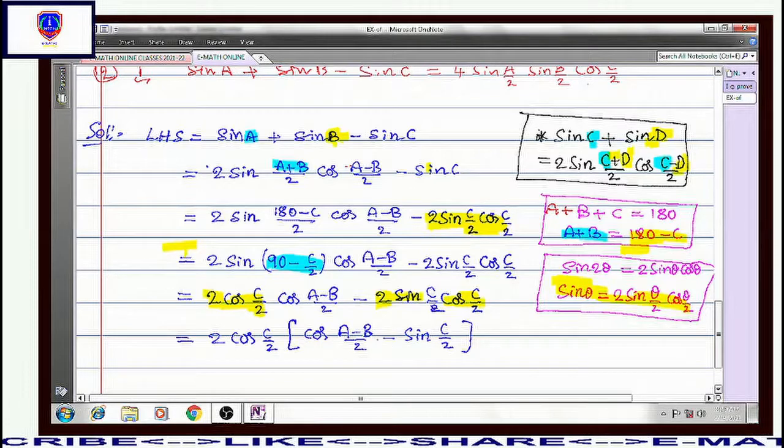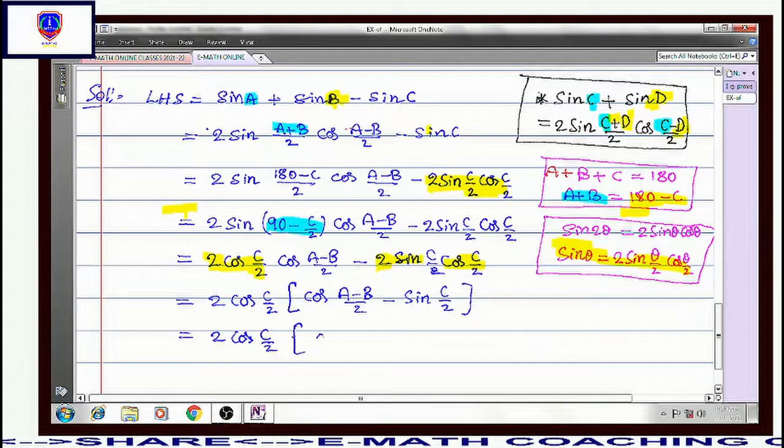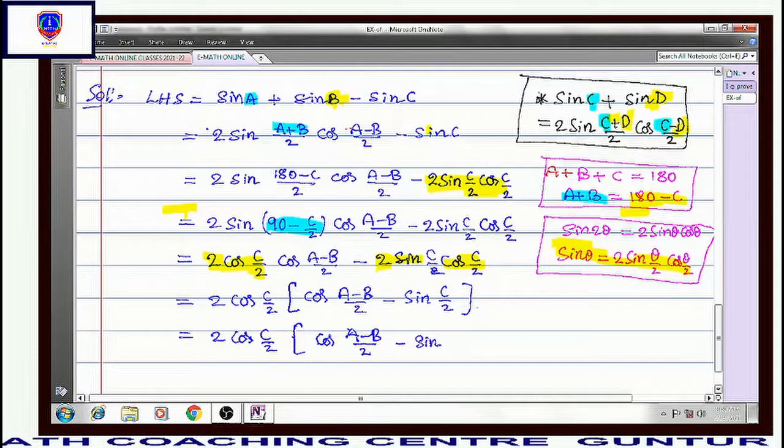Now, again write down the same 2 cos C by 2 and cos of (A minus B) by 2 minus sin C by 2. C means, according to the triangle property, C means 180 minus of (A plus B).